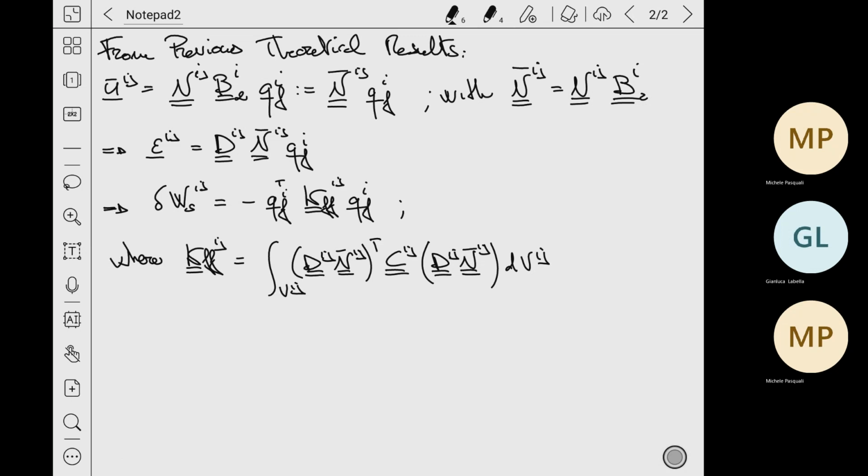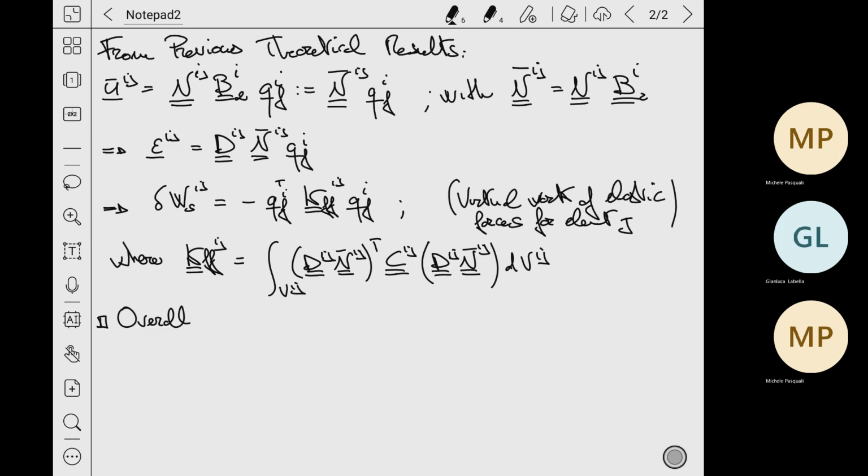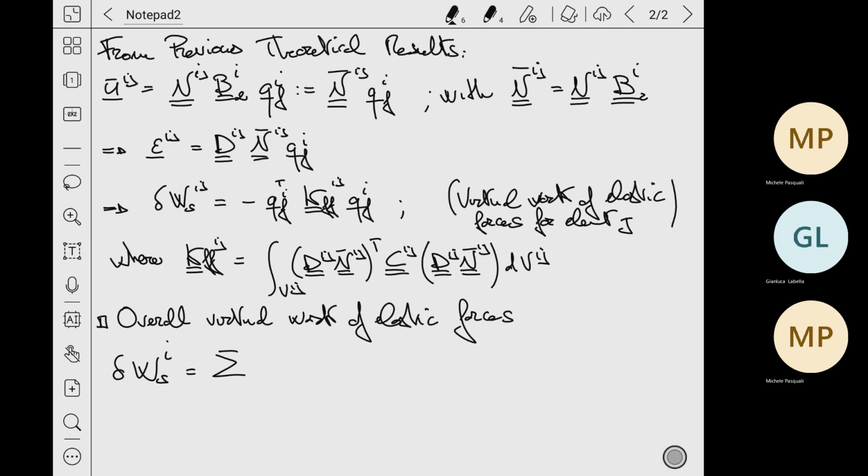So if this is the virtual work of elastic forces for element J, the overall virtual work of elastic forces will be eventually delta WSI, which, as you can see, is just the sum of the work done in each element.